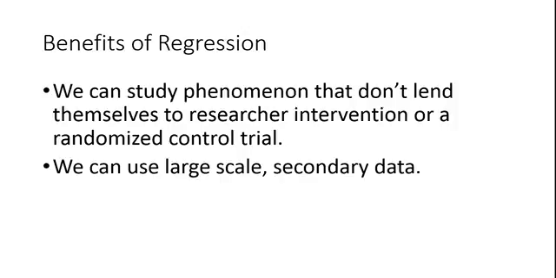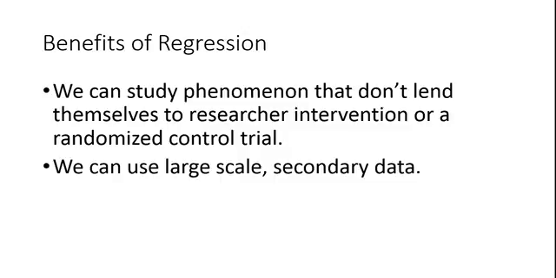This is great for a number of reasons. It allows us to study phenomena that don't lend themselves to research or intervention or to the use of a randomized control trial. So as we noted in some of the earlier lectures, there's some social phenomena that are just difficult to apply random assignment to, perhaps because of logistical reasons or because of ethical concerns. So the use of regression allows us to begin to try to parse out a relationship between a key variable of interest and some outcome in cases where we can't have true random assignment.